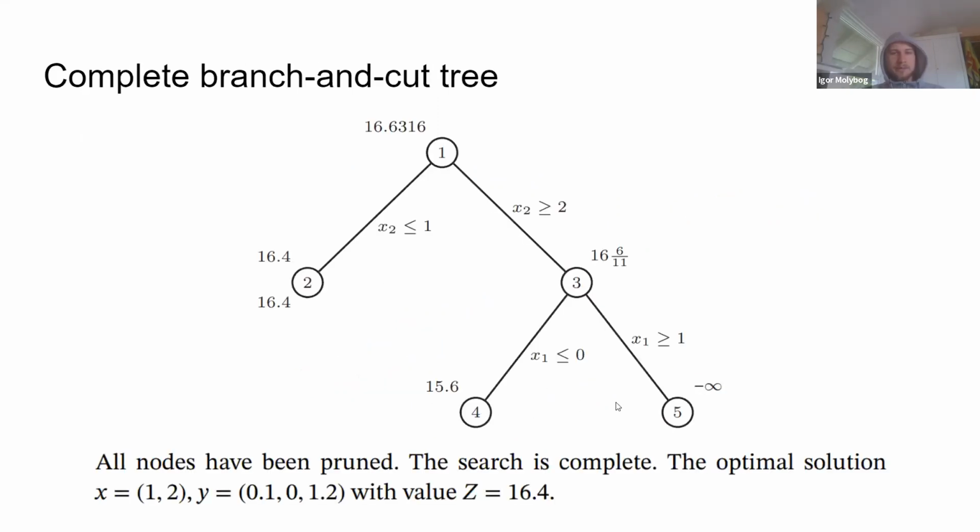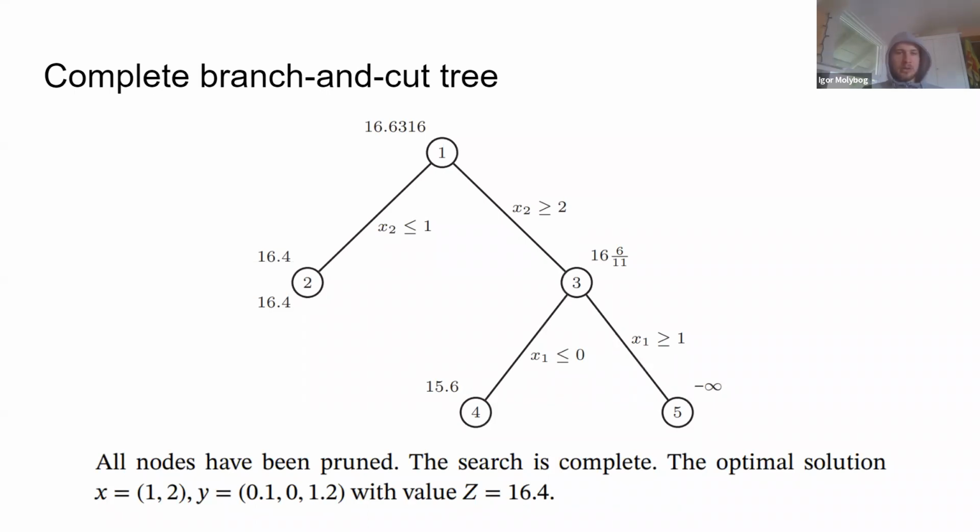Therefore, we complete the processing of the node 5, which can be pruned by infeasibility at this point, and all nodes have been pruned, and the search can be completed.